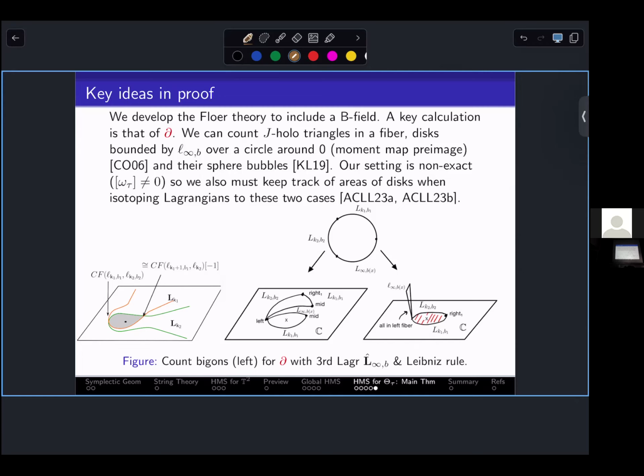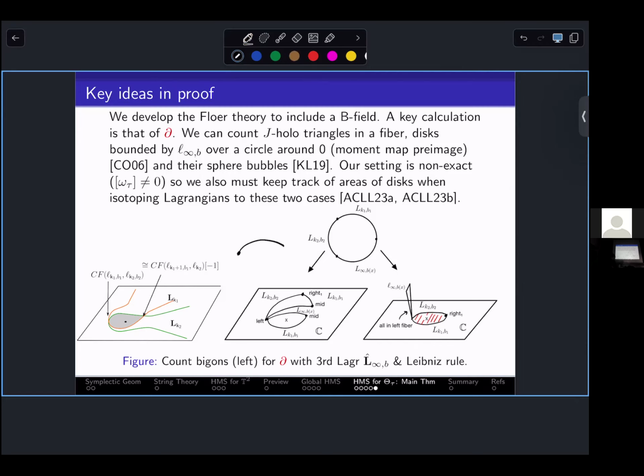In order to count this differential, we actually do yet one additional thing. This is Seidel's book on Fukaya categories of Lefschetz fibrations, where he has all these homotopies. We use that. So we vary this Lagrangian until it bubbles off a disk in the base. So we get a cobordism of moduli spaces.